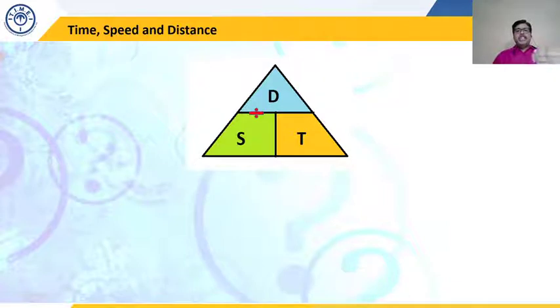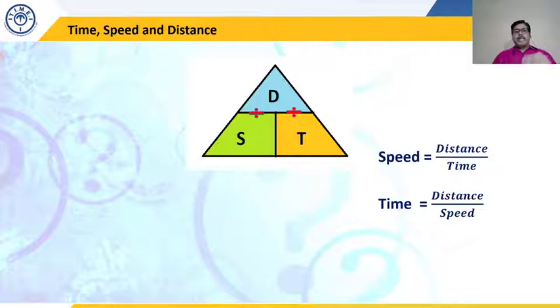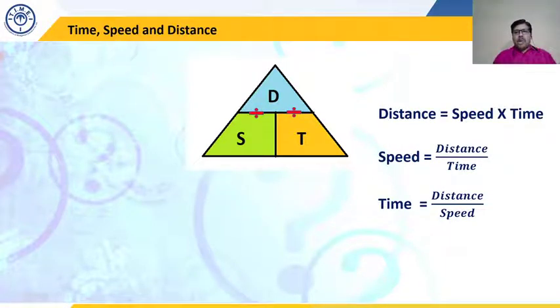So distance upon speed is equal to time, and speed is equal to distance divided by time. And you know the formula of distance: distance is speed multiplied by time.